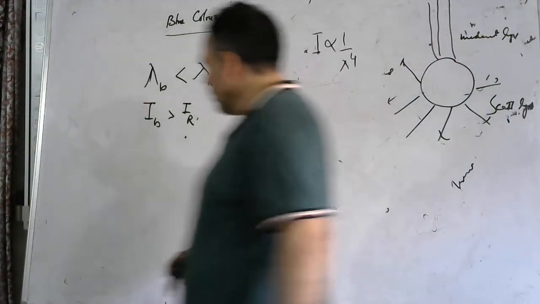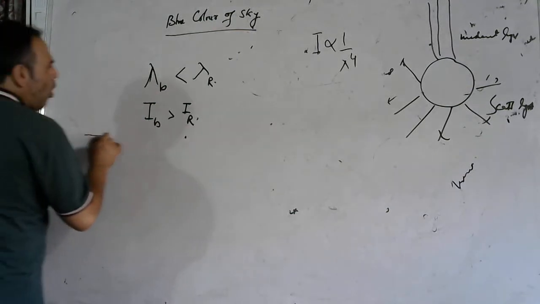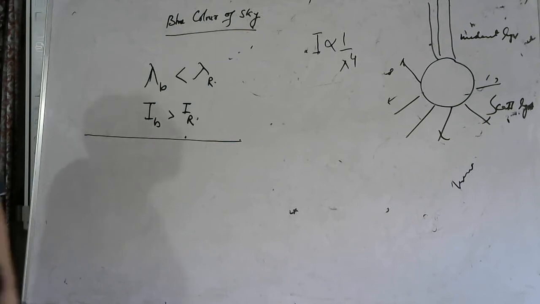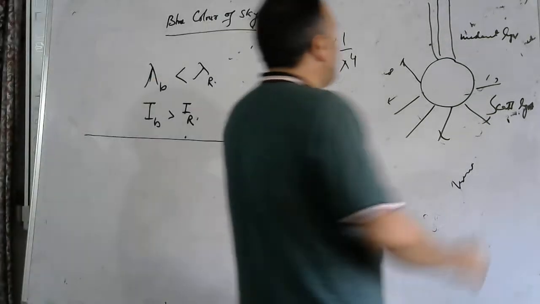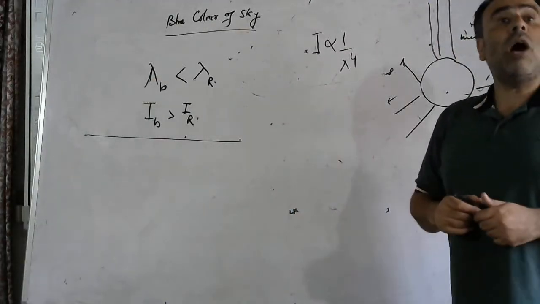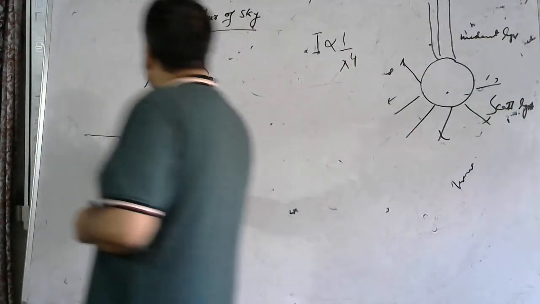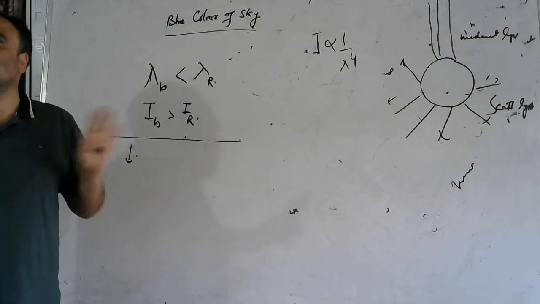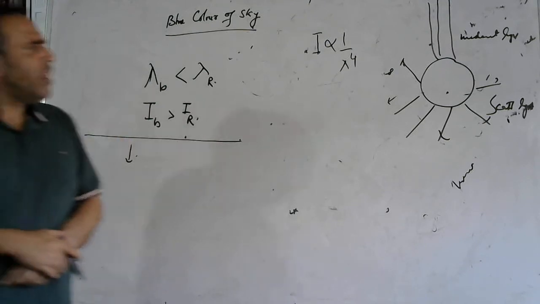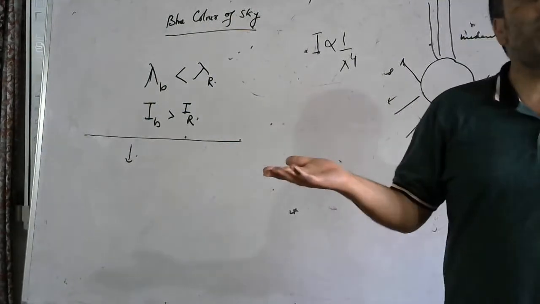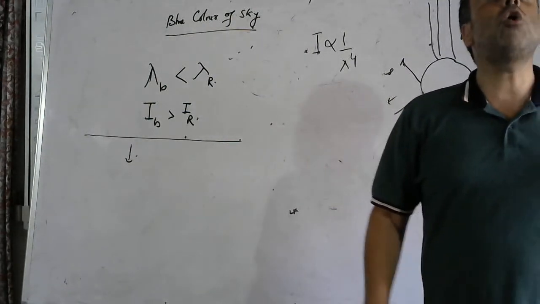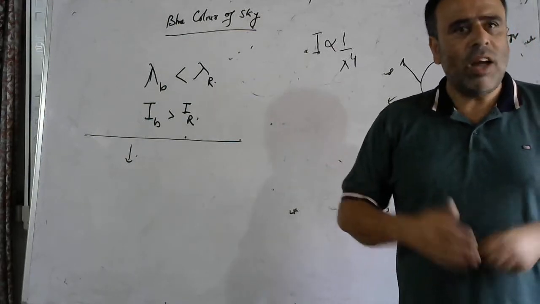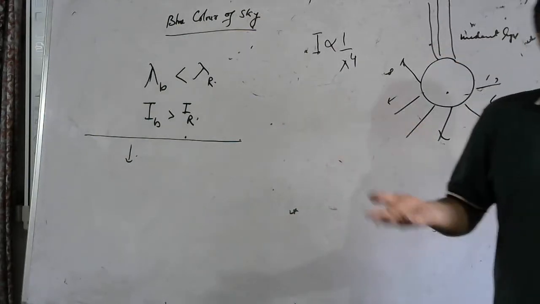Now, since I have told you that the blue color of the sky is due to the scattering of sunlight by the atmospheric molecules, if there had been no atmosphere, then the scattering of light will not take place, because there will be no scattering particles.